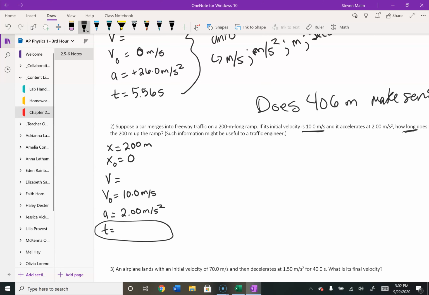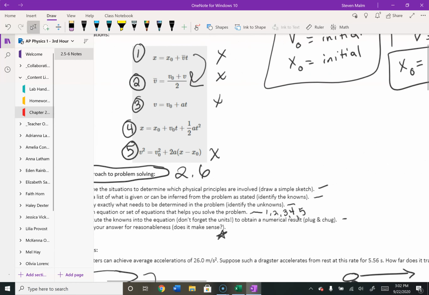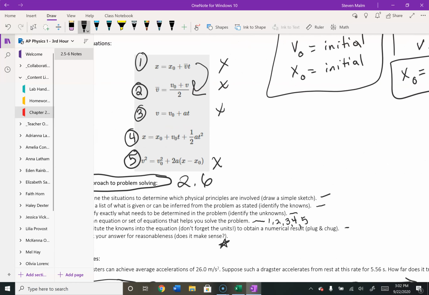So here we are, steps 1 through 3 already done. Next thing to do is to look for an equation. Looks like I probably don't need the velocity final, so we're going to look for an equation that uses both x's, an initial velocity, and an a. If we look back at our equations, number 1 uses both velocities. Remember, we don't have v final, so numbers 1 and 2 are already going to be crossed out.